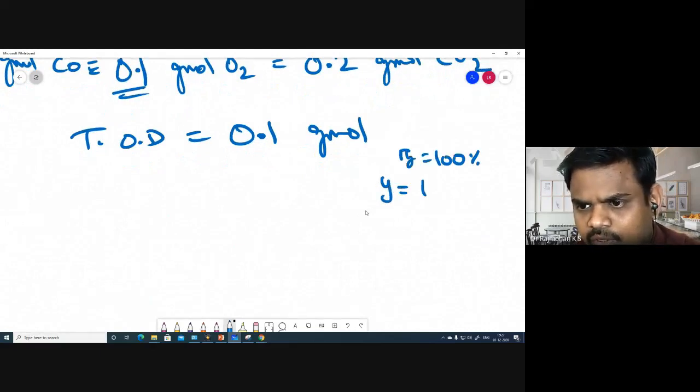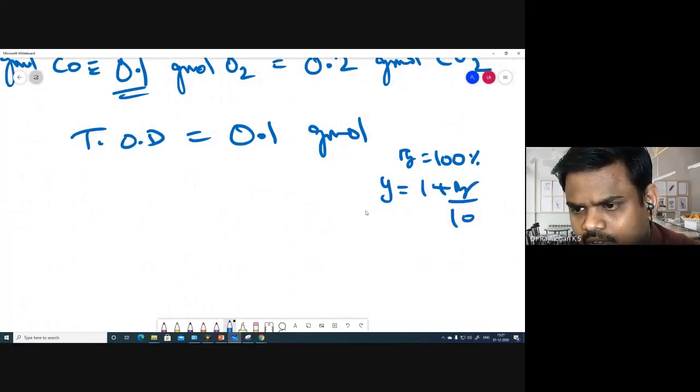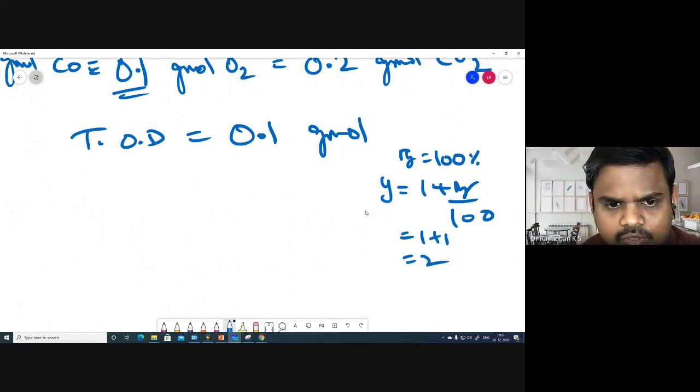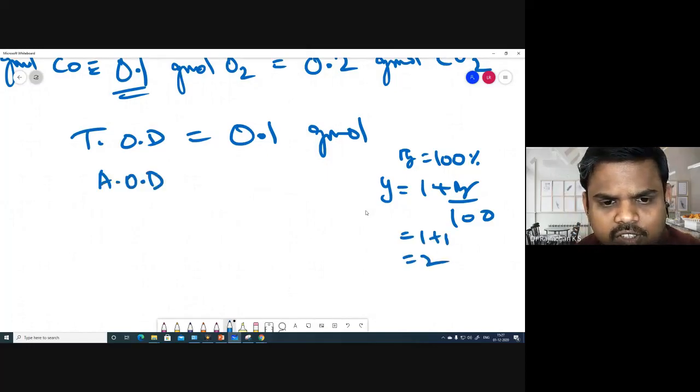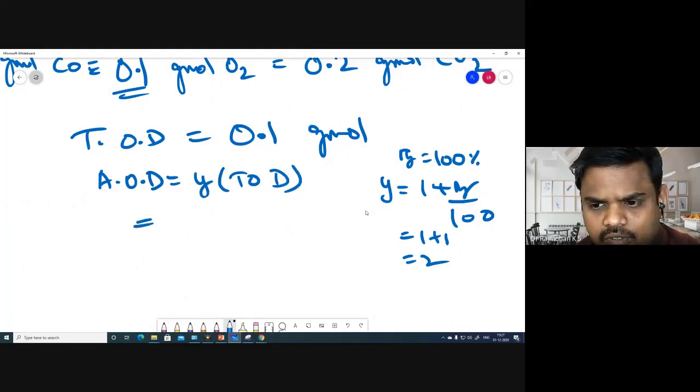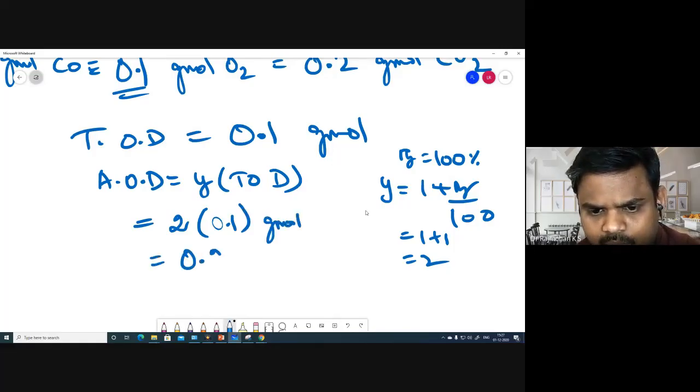We know y equals 1 plus z by 100, equal to 1 plus 1, which is 2. Actual oxygen demand equals y into TOD, so 2 times 0.1 gram mole. So we have 0.2 gram mole of oxygen as our actual oxygen.